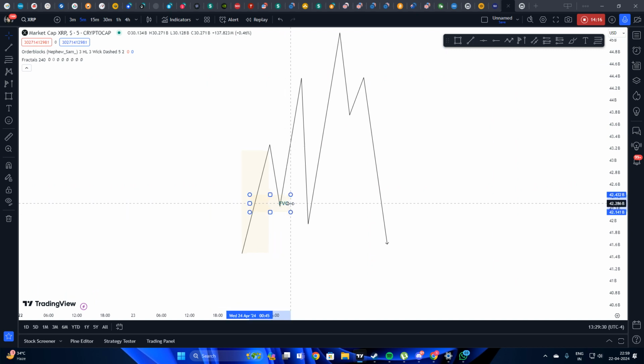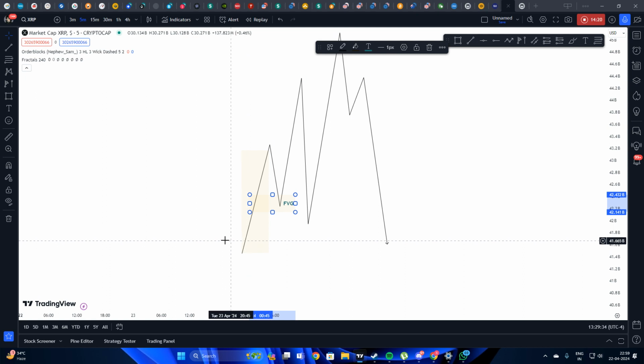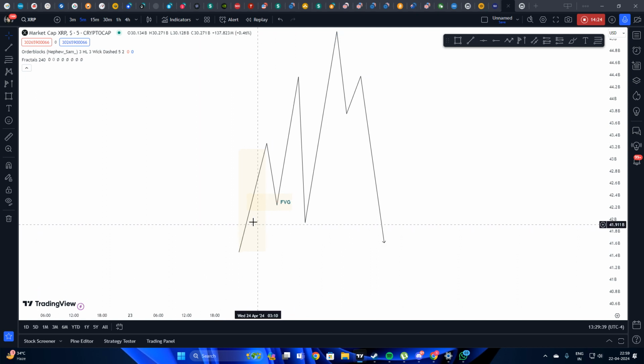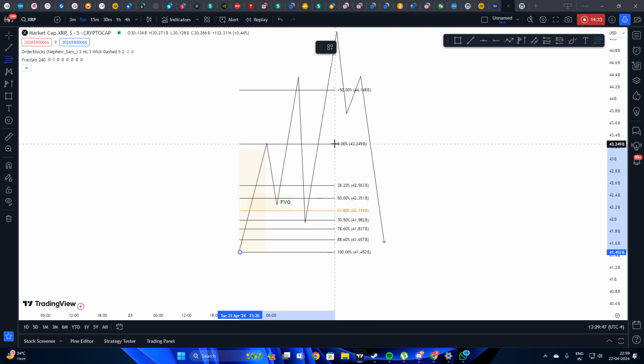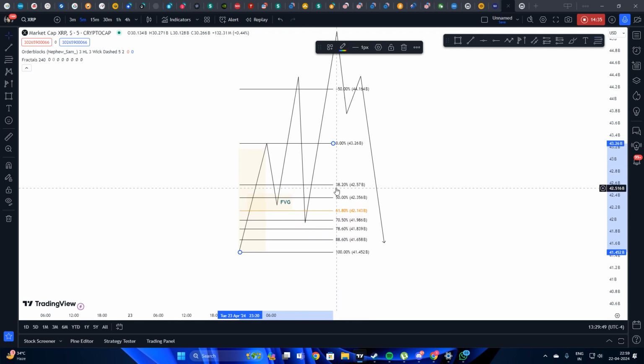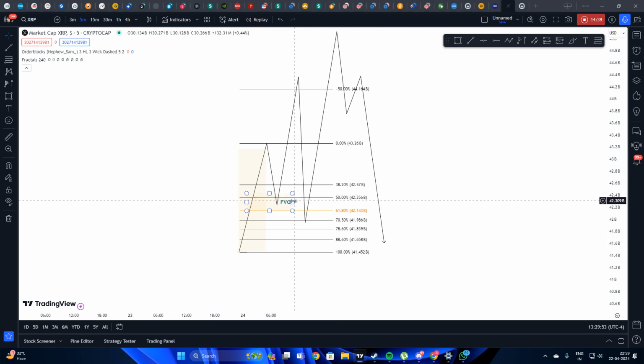Well, we should never use FVG alone, since the market may always or mostly make multiple FVGs. So we should always pair it with a Fibonacci retracement tool. And we always look for the market retracing below 50%.